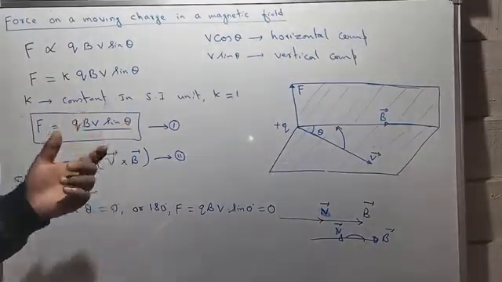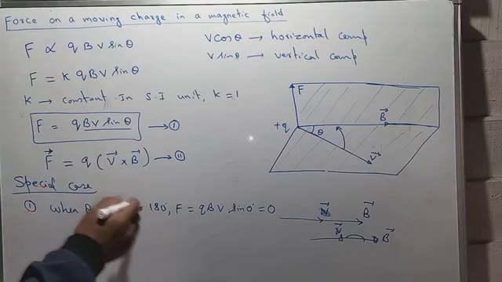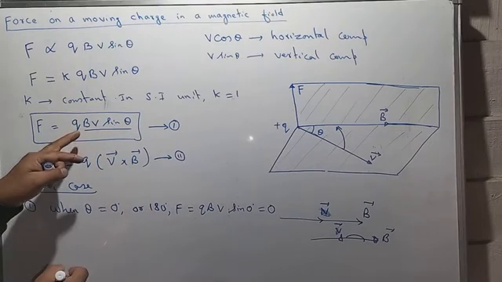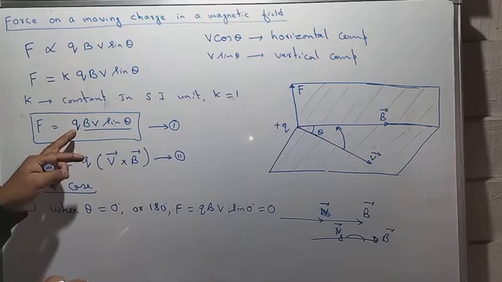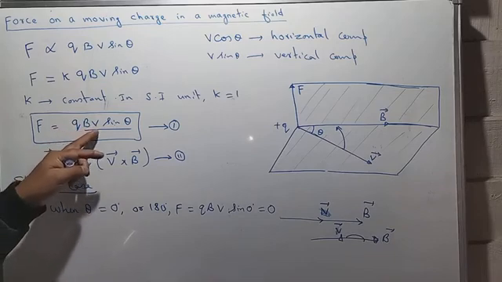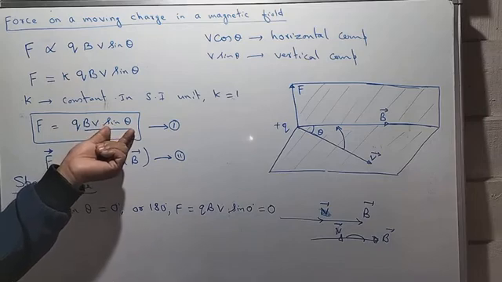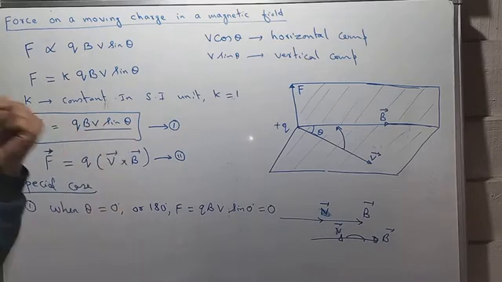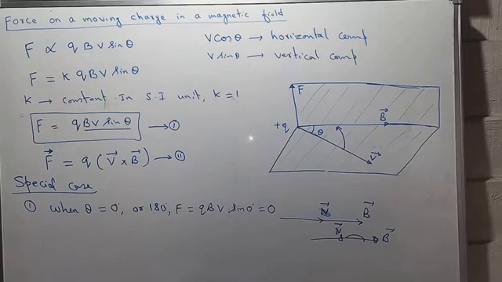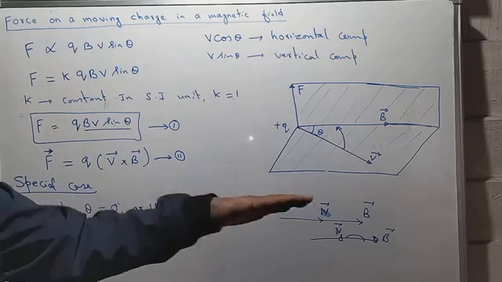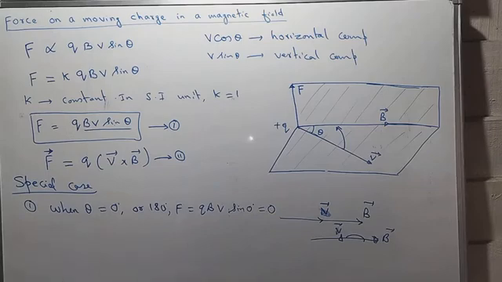So again, equation 1 becomes, when theta is equal to 180 degree, the magnetic force F is equal to QBV sine 180. But as you know, sine 180 is 0, so 0 times this again will be 0. So therefore, we have seen here that when a charge is moving parallel or anti-parallel to the field, that charge will not experience any magnetic force.